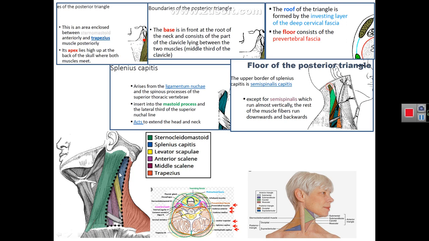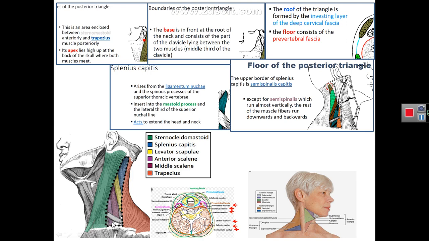It is not always considered in the text as a muscle forming the floor at the apex of the posterior triangle. Below the semispinalis capitis is a long band of muscle which is called splenius capitis, and below splenius capitis is levator scapulae, and below levator scapulae are the scalene muscles, namely scalenus medius and scalenus anterior.